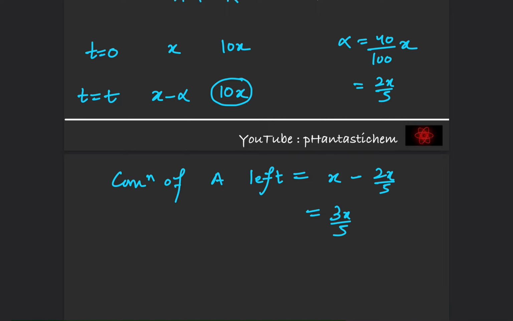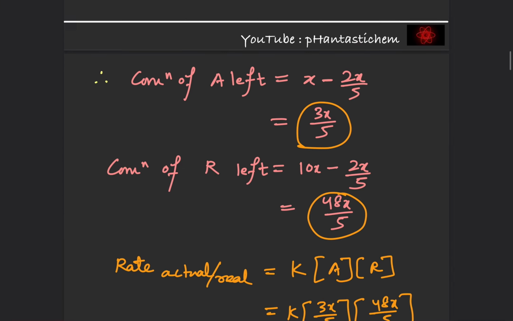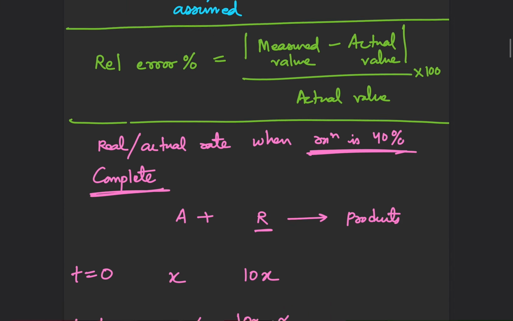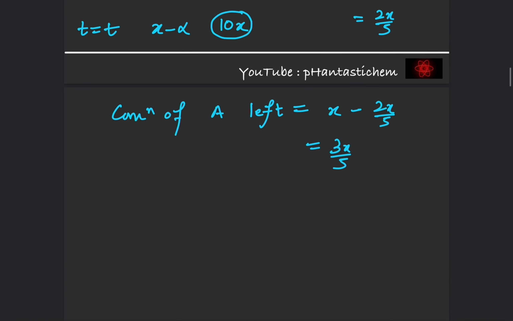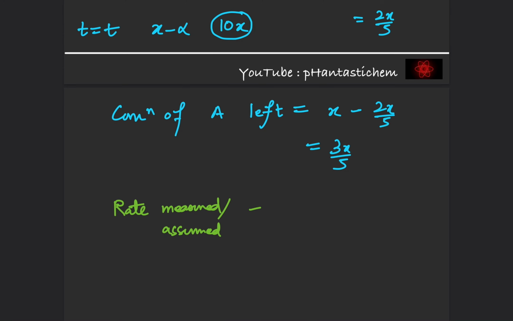Okay. So we calculated the rate measured or assumed, if you remember. Yes. So that was k dash into the concentration of A. So I will write that down again. So rate measured or assumed is equal to k dash into the concentration of A.